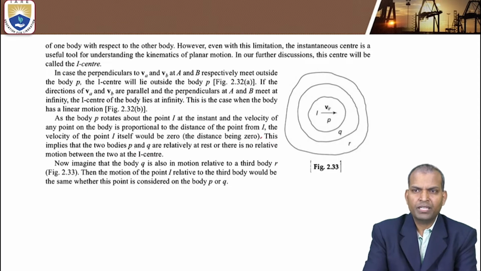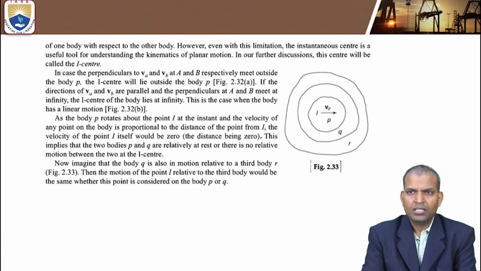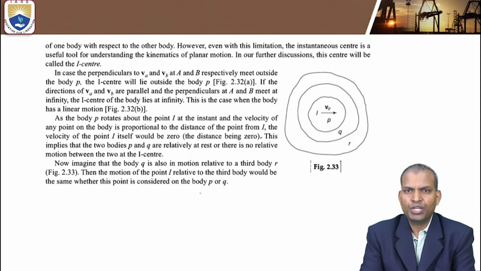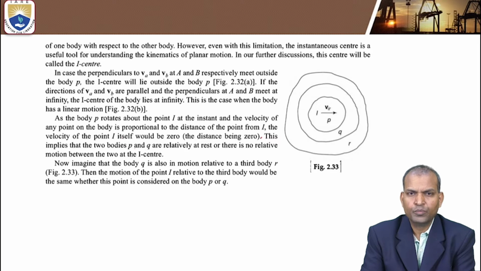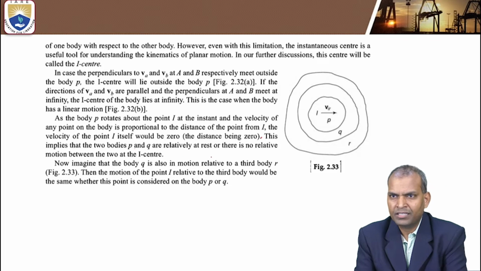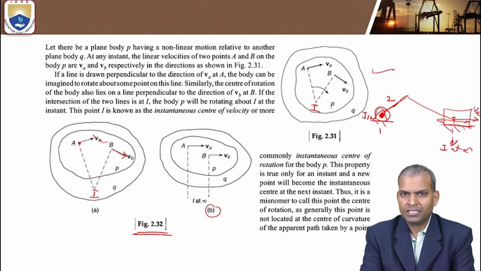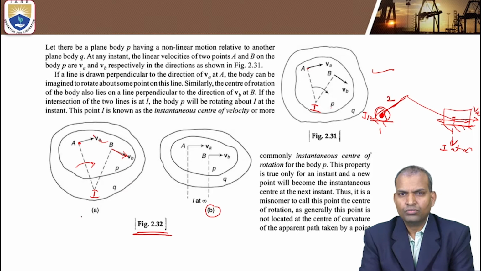So what is the meaning here, when the body P rotates about the point I at the instant, and the velocity of any point on the body is proportional to the distance of the point from I? Suppose the body P is rotating with some velocity. What is VA equal to?